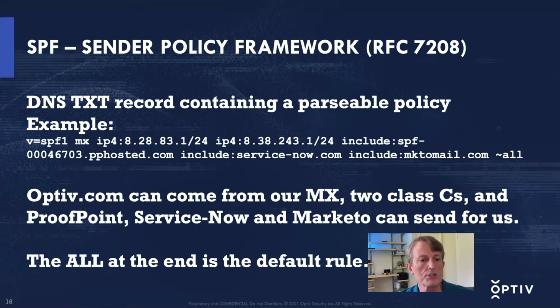There's a parsable sort of language in that that allows you all sorts of flexibility in terms of including different domains, including IP addresses. You can specify IP version 6 addresses. You can say my MX server is allowed to send email for me, and so on and so forth.